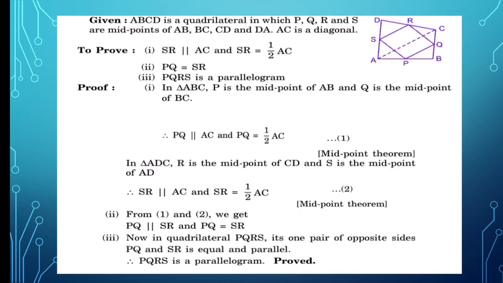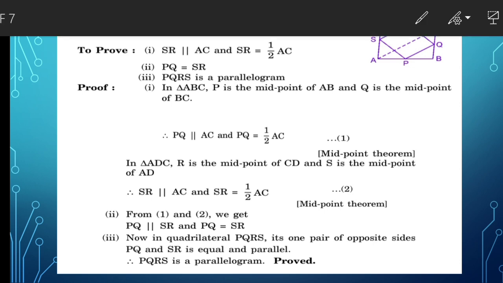So, first, in all these sums, what we were doing was first writing the given that is provided in the question, then what to prove, then we start our proof. So, here also we are going to start our proof. See, the first thing is the diagram is already given.